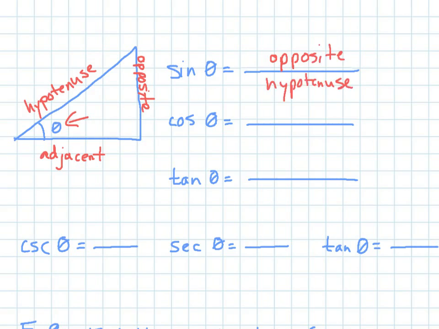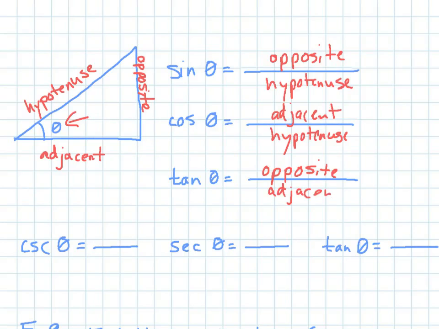Okay? So if we describe our trigonometric functions this way, we can say sine is the opposite side over the hypotenuse. Okay? Our cosine is going to be the adjacent side over the hypotenuse. Okay? And then tangent is opposite over adjacent. Okay? Now I have the other three trig functions, cosecant, secant, and cotangent. Or, sorry, looks like I got mixed up there.